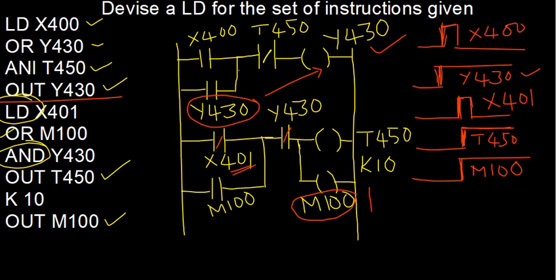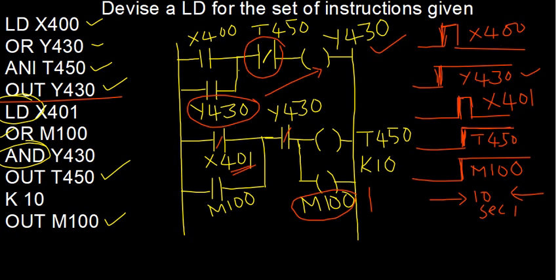So after 10 seconds, what happens here? Your Y430 will now be open, because this T450 contact will now get opened, because the timer has elapsed its time duration of 10 seconds. So T450 gets opened. The moment T450 gets opened, your Y430 will stop now.